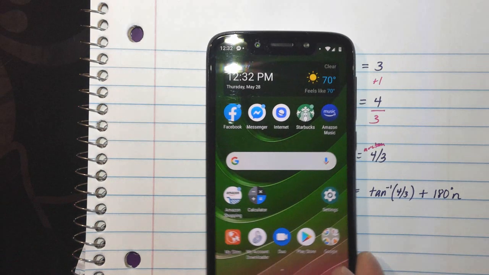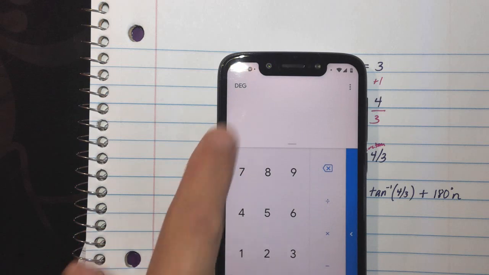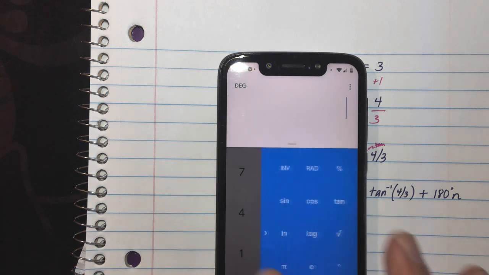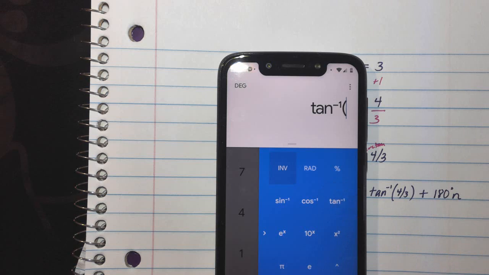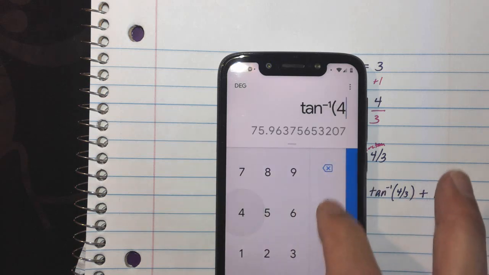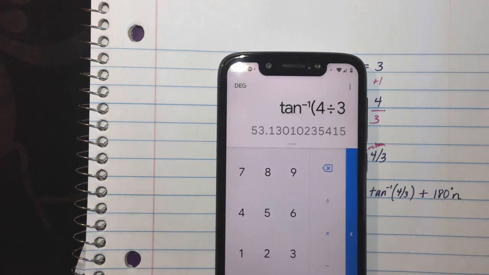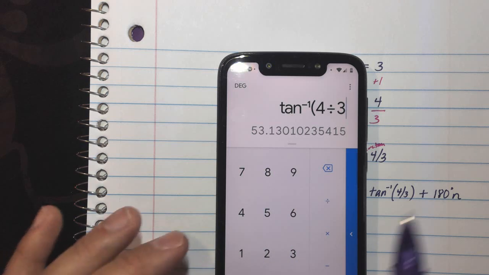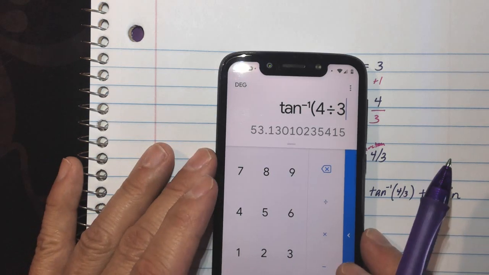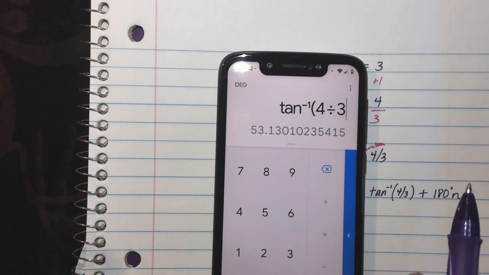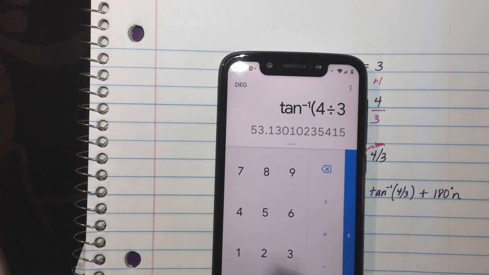Okay. So keep in mind, this is a degree problem, so whatever calculator you're using, make sure you're in degree mode. Inverse tangent of 4/3, 4 divided by 3, so 53.13 degrees. Degree problems, you round to the nearest whole number, and radian problems, 2 decimal places, because pi is 3.14-ish.